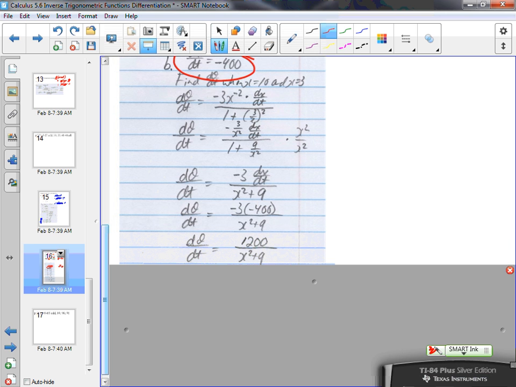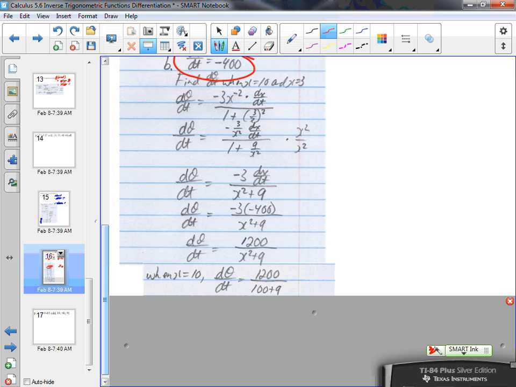So dθ/dt equals 1200 over x squared plus 9. That's right. Now we find dθ/dt when x equals 10, and then we find dθ/dt when x equals 3. So when x equals 10, dθ/dt is 1200 over 10 squared plus 9, so 1200 over 109.